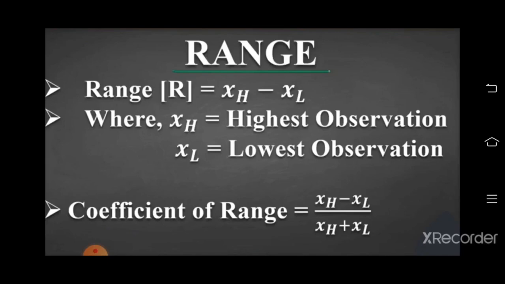But if the coefficient of range is high, then variability is more in the observations of the population, for example, the values of the observations are very far from each other.